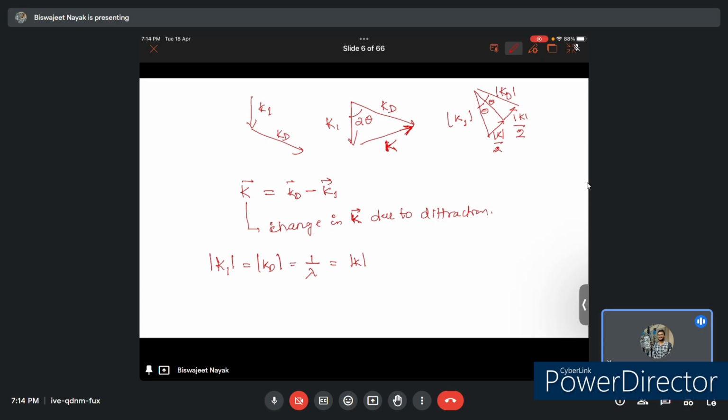This will tell us about the energy of the electron. If we consider this scattering process to be elastic, then there will be no change in energy. And we can consider this as an equality, k1 vector is equal to kd vector, then we can say this process is elastic and the electron energy is unchanged.